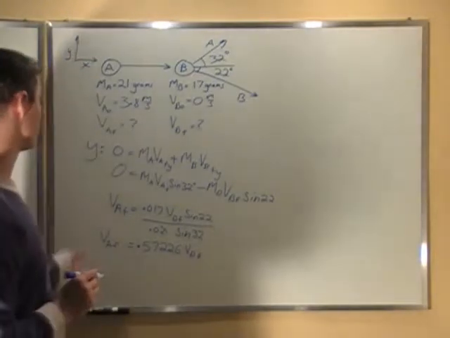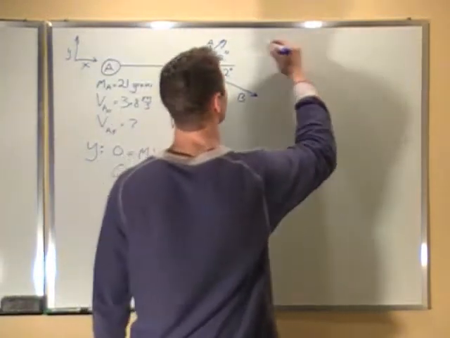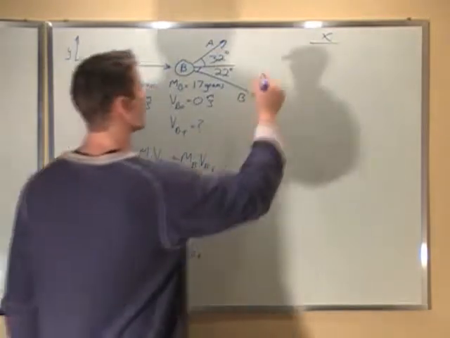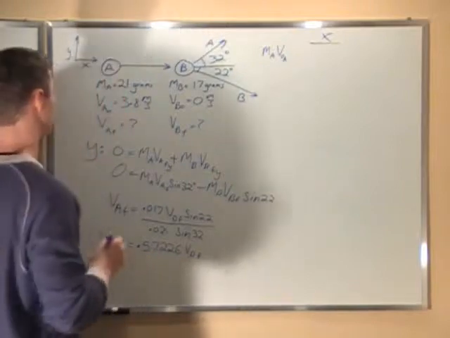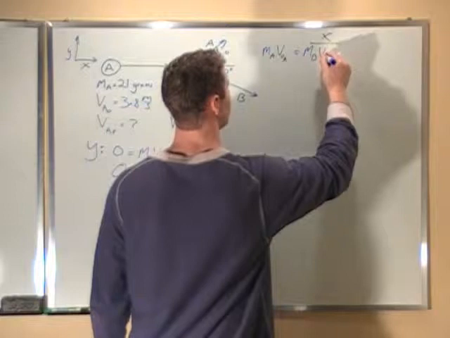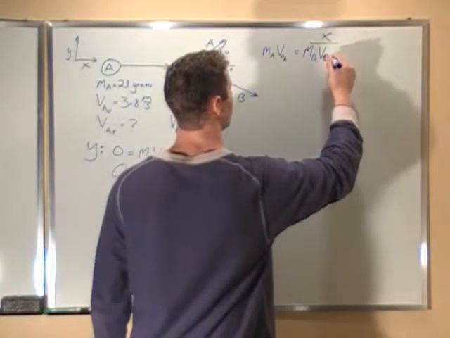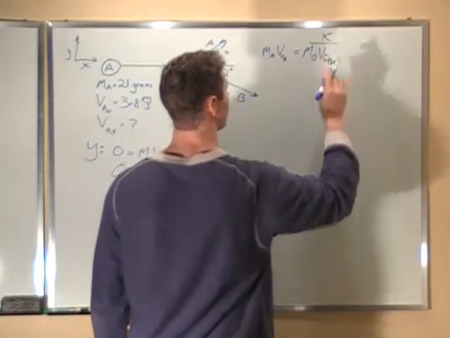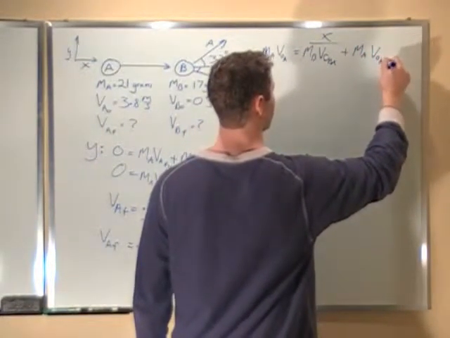So now what we have to do is do this in the x direction, and we can plug this in to solve. So x direction. So we have initial momentum is MA V naught A, which we know we can calculate. Equals MB V naught B in the x direction plus MA V naught A in the x direction.